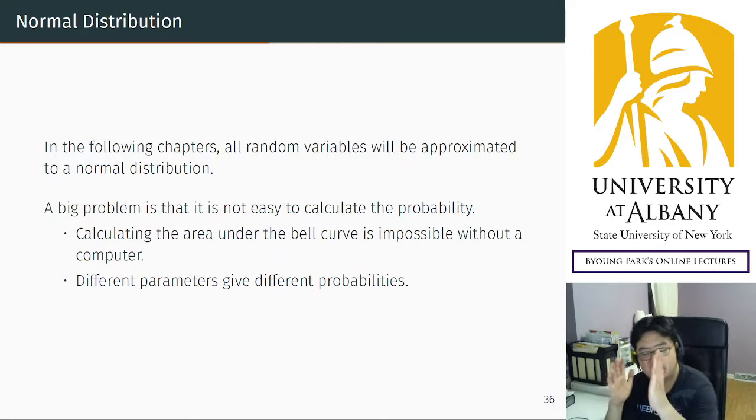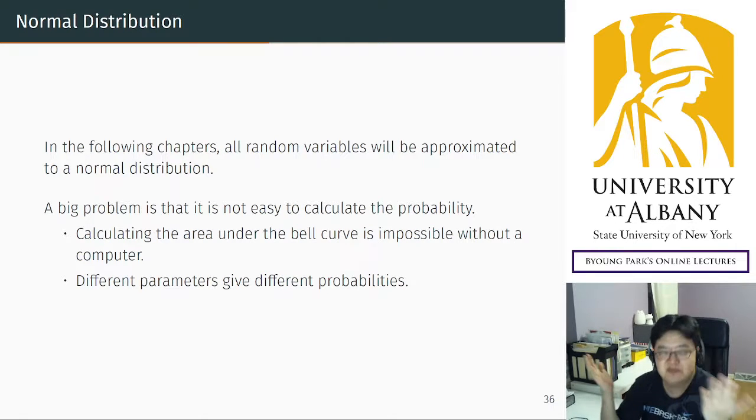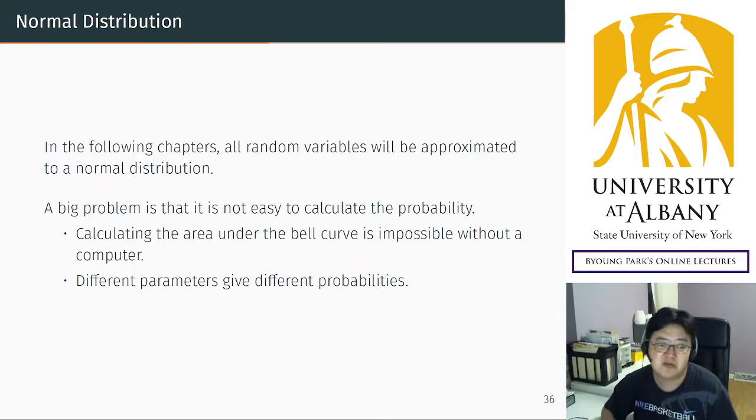The shape under the curve is not simple, like a rectangle or triangle or any shape we know how to calculate the area of. So it requires integration, but even if you know how to integrate, it's not easy. So you cannot calculate the exact probability by hand. Therefore, we have to use a computer or other tools.